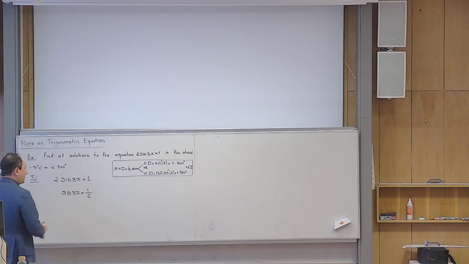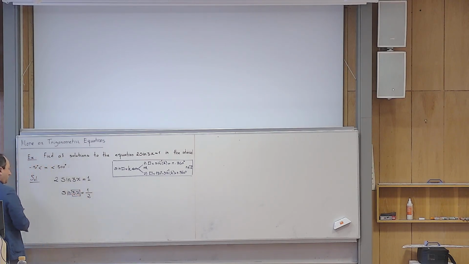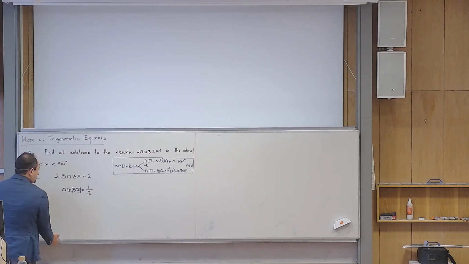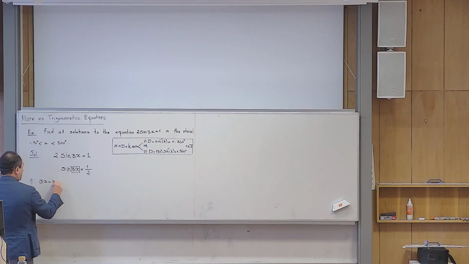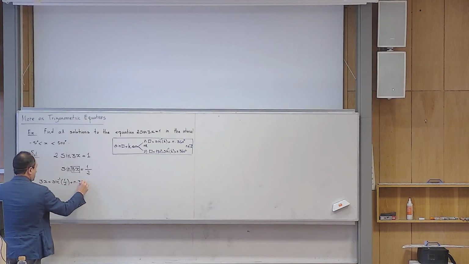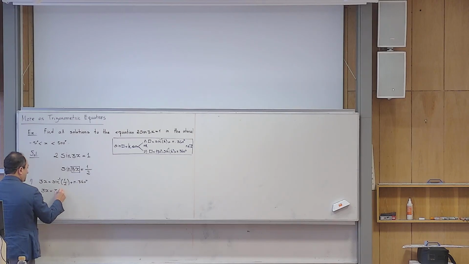Okay, so if I want to solve that problem, I will give the role of the box to this 3x. So then I have 2 options. So let me write 1. The box, which is 3x, is equal to sine inverse of 1/2 plus n times 360 degrees. And then sine inverse of 1/2 is 30 degrees. So this is a famous number. You have the table, so you can read the numbers. So it is 30 degrees plus n times 360 degrees.